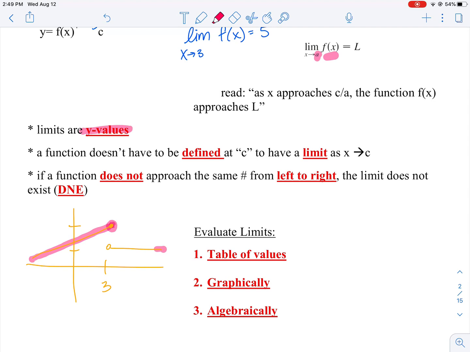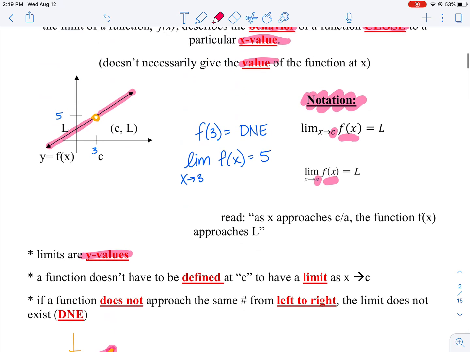If you were approaching to the right of 3, you'd be down here. And you notice there's a big old gap in between those two? That would mean that our limit doesn't exist. So if it doesn't approach the same number from the left side and the right side, then we say that our limit doesn't exist, or we use the abbreviation DNE for does not exist.